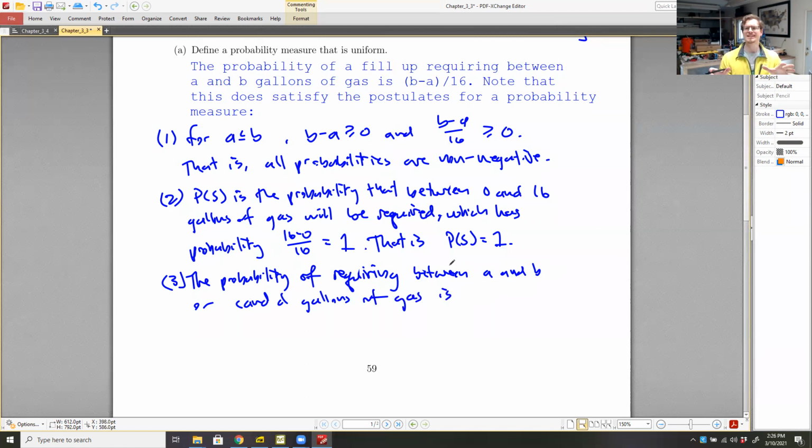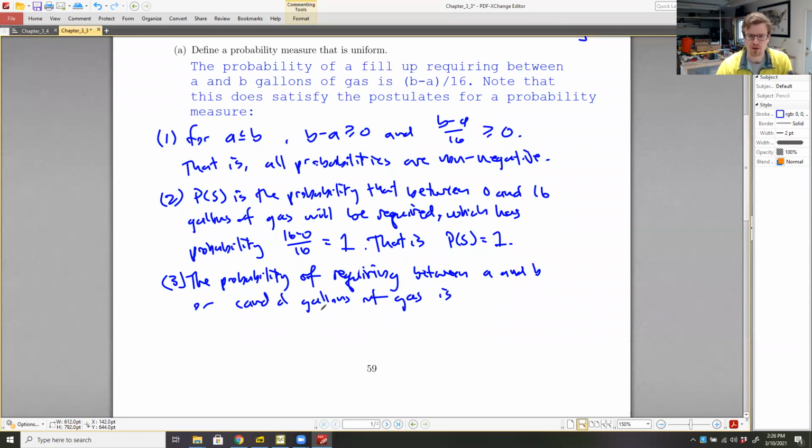is, so if the idea is that we're just taking the length of the interval and dividing it by the total, the range of gallons of gas, we can just take the two numbers to get a total for the overall width of the interval that we're considering here.